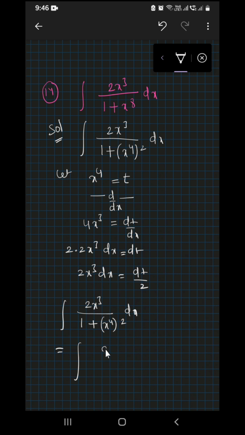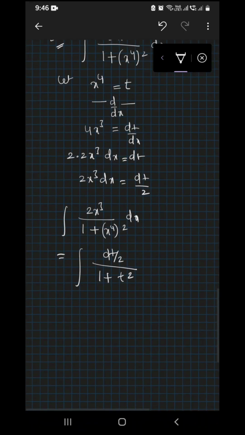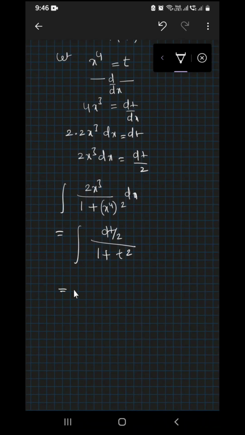That's why integration of dt by 2 by 1 plus x power 4, taking x power 4 as t, is 1 plus t square. So now take the 1 by 2 outside from the numerator. We get 1 by 2 integration of 1 by 1 plus t square into dt.